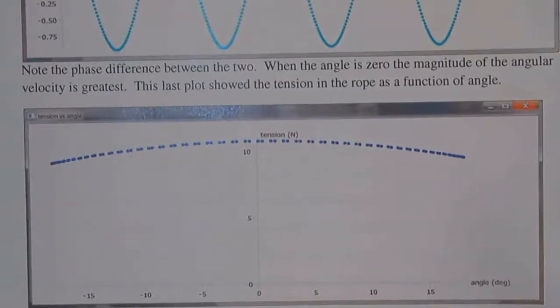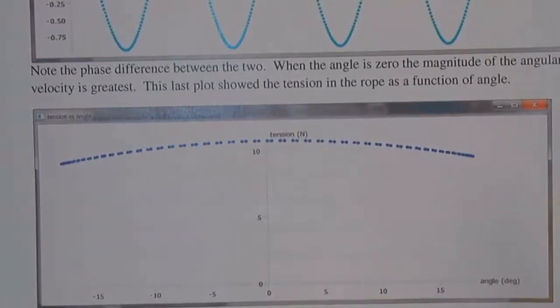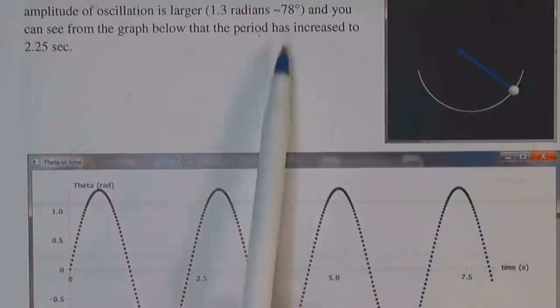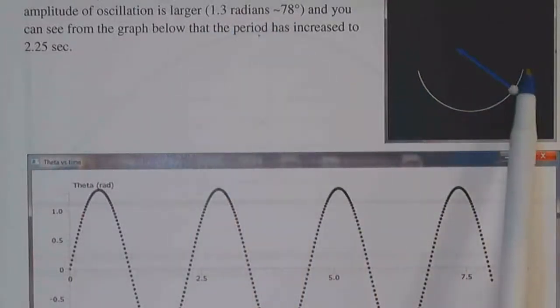Let's have the bucket have a larger amplitude of motion. So that's depicted here in this trajectory. So here we have the arc swinging quite a bit farther, 78 degrees, 1.3 radians. So the bucket is now swinging back and forth, back and forth.